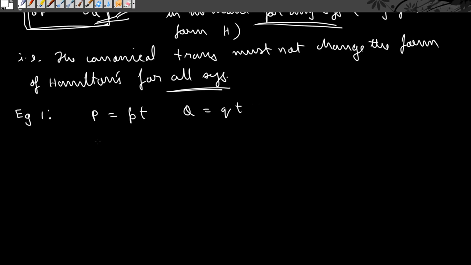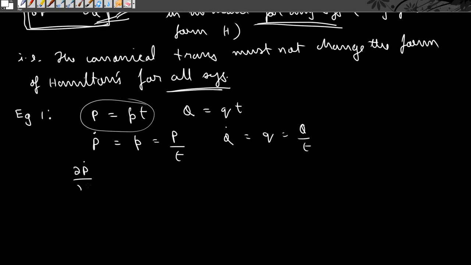Then we see that our P dot is equal to P by T, and similarly our Q dot is equal to Q by T. So now if I calculate dou P dot by dou P, this is nothing but 1 by T, because P dot is equal to P by T.